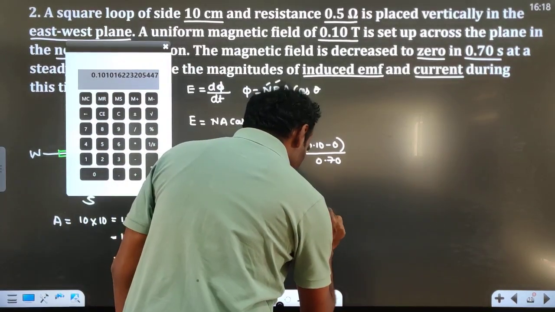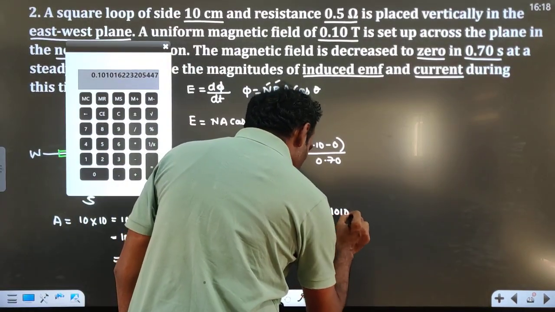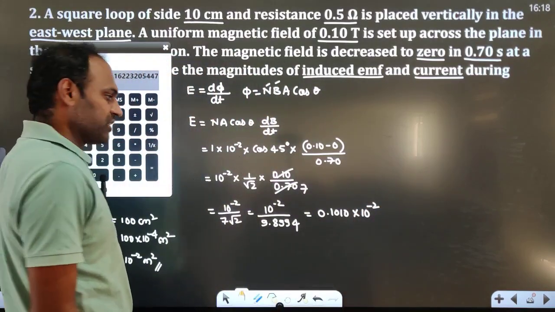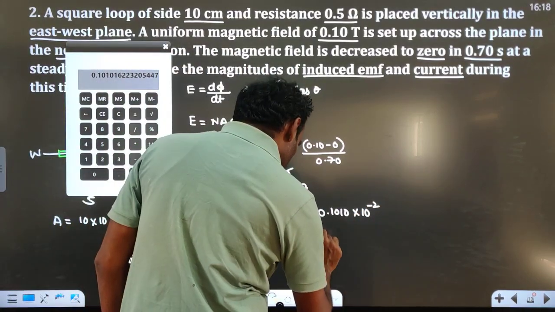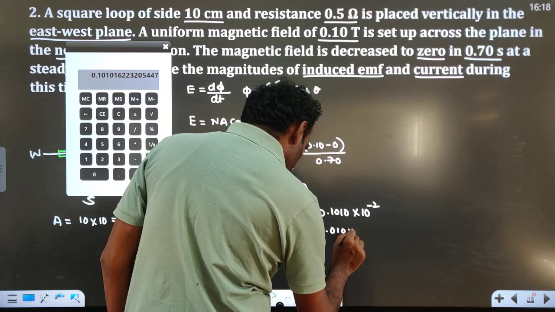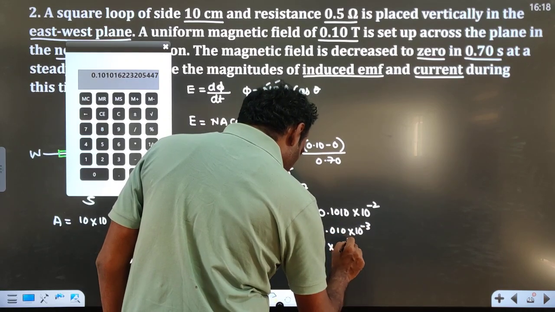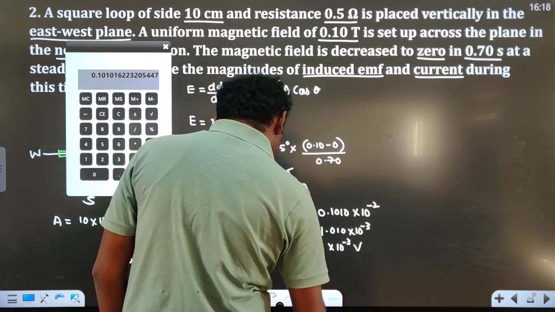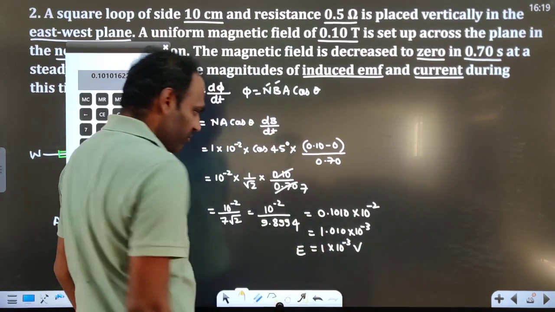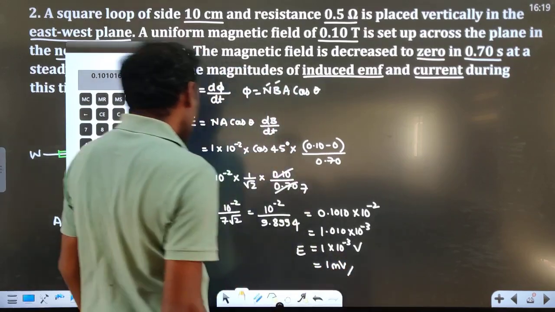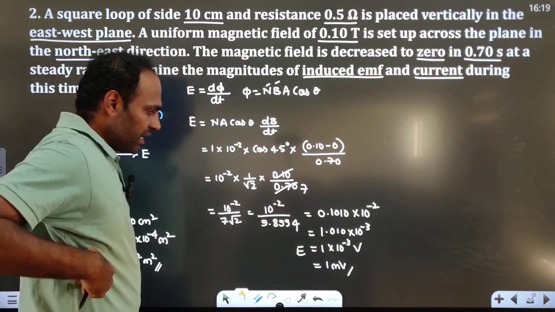So this is 0.1010 into 10 to the power minus 2. This I can write as 1.010 into 10 to the power minus 3, or simply we can write it as 1 into 10 to the power minus 3 volts, right? So this much will be the EMF, or you can also write it as 1 millivolt, correct? So this is EMF.